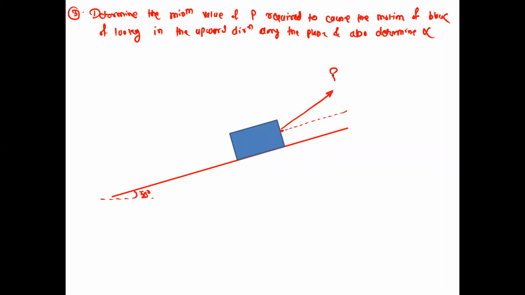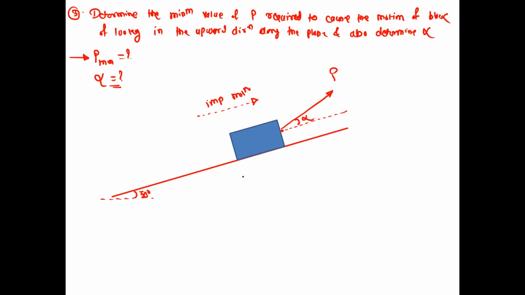So this force is P and this inclination is alpha. So the question is, what should be the value of P, that is the minimum value, so that we can just start the motion in the upward direction. This is the direction for the impending motion. So P minimum, and what is the corresponding angle, that is alpha.